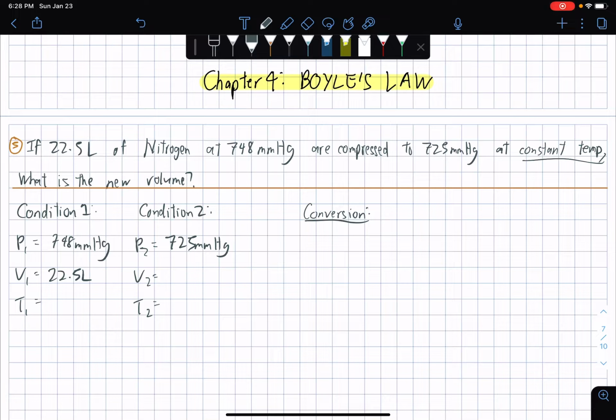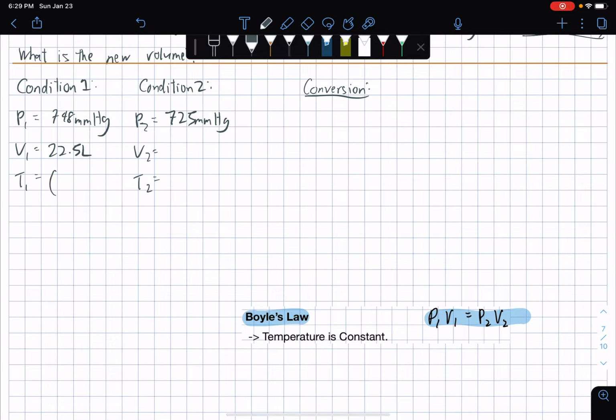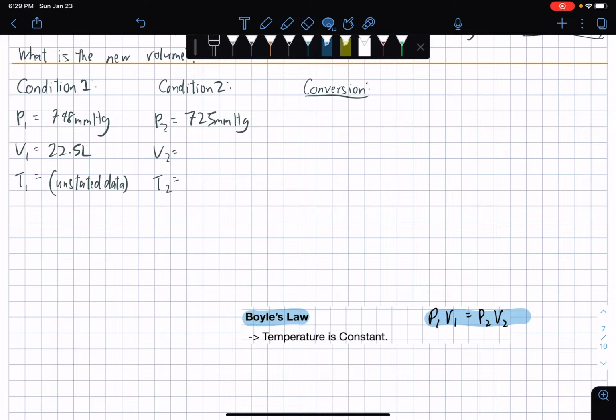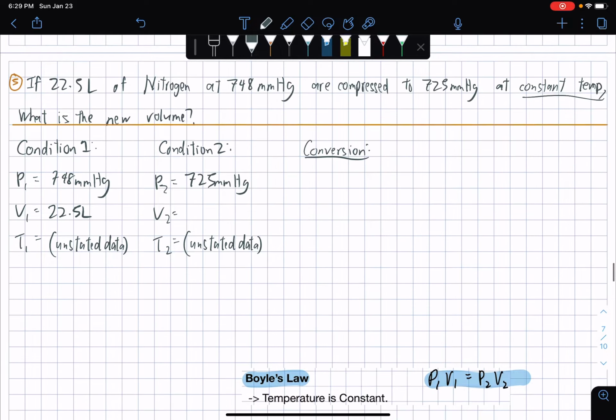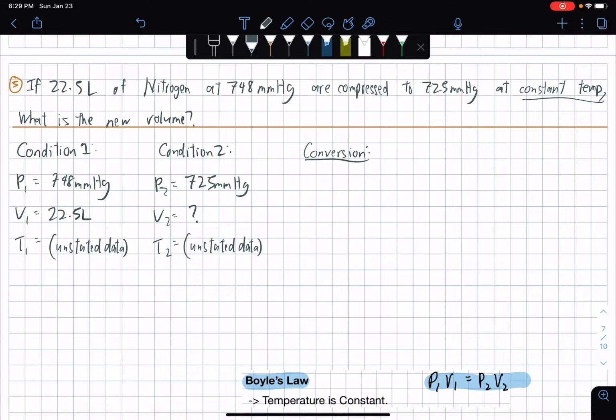I suppose that there is nothing specified in regards to the temperature. Therefore, I think we have to acknowledge that there is no stated data, both for T1 and T2. It's well said because in Boyle's law, there is no temperature. Right, so we have to find a new volume, which is V2.